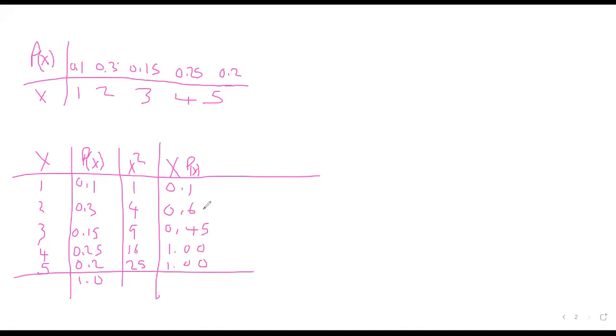So when we add all this, what we get is the expected value, the summation of X times P(X). Our sum total is 3.15. So this is our expected value.